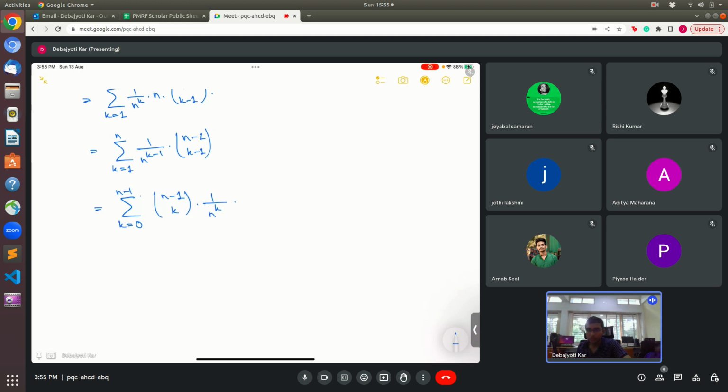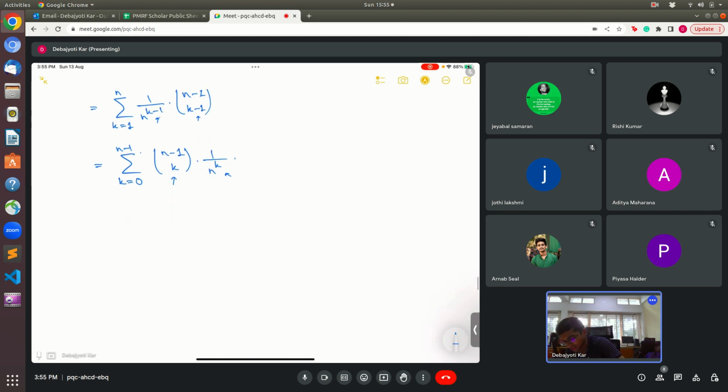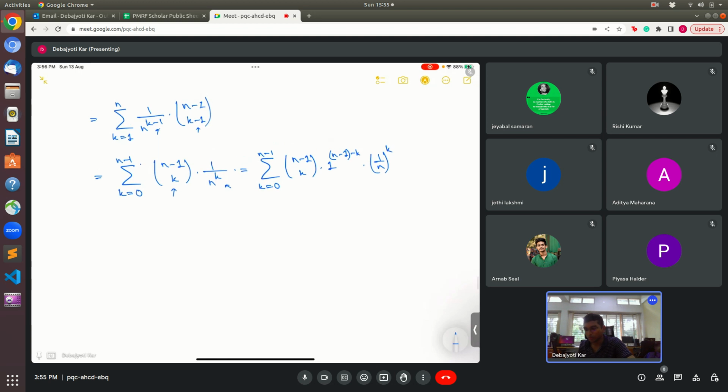Okay, but now this form is again the binomial expansion of some quantity. So we are just multiplying this with 1 to the power n minus 1 minus k.